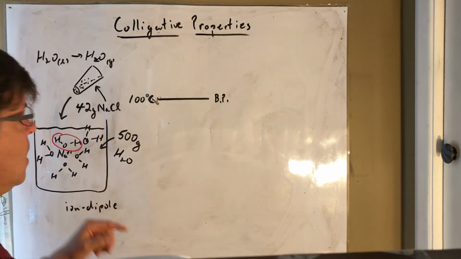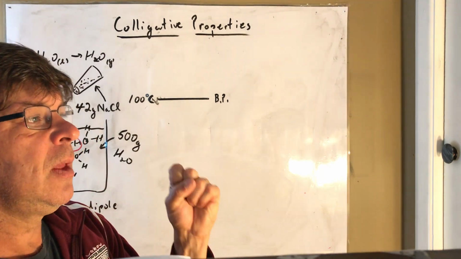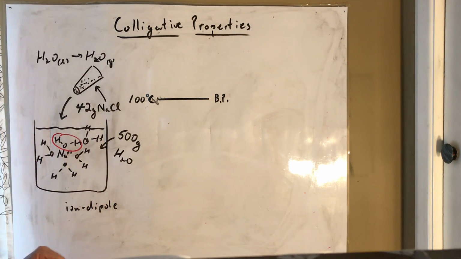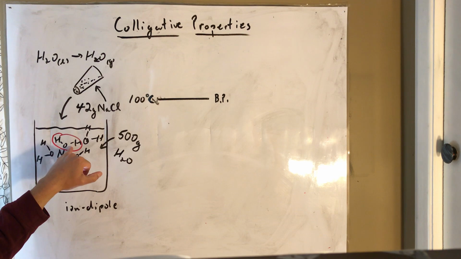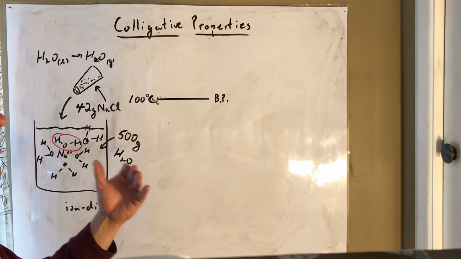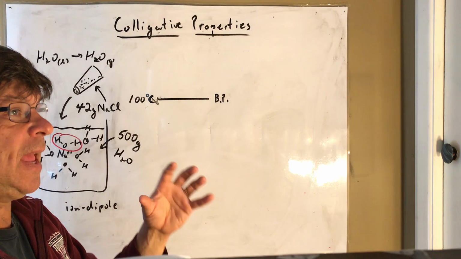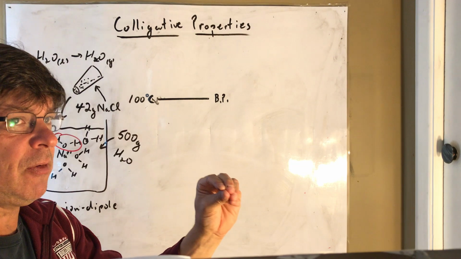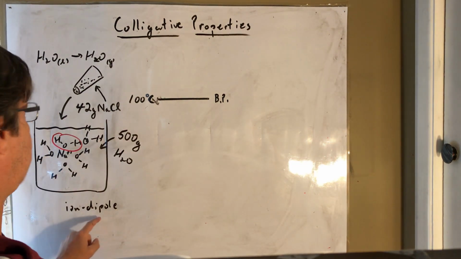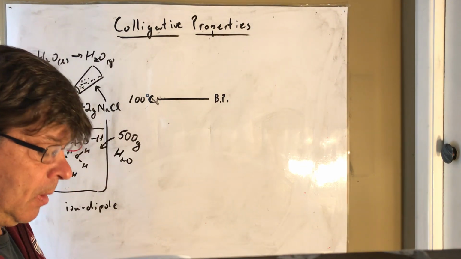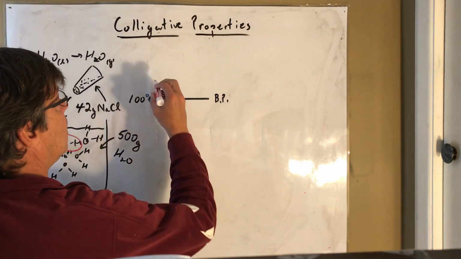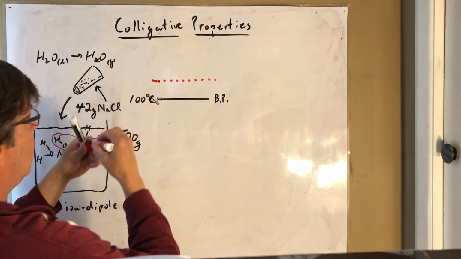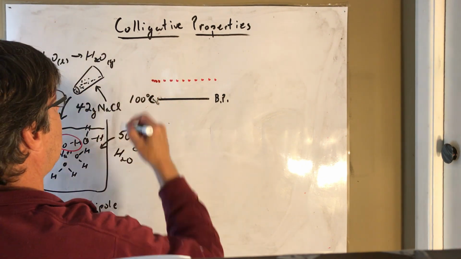But in this case, there's another attractive force keeping the water molecules from turning into a gas, and that's this ion here. So not only does this water molecule have to break away from lots of other water molecules, gaining a lot of energy to break the hydrogen bonds, it also has to break the ion dipole bond. So the boiling point is elevated. Let me just write a dotted line here, okay? We'll figure out what that temperature is. We're not sure what that is yet.